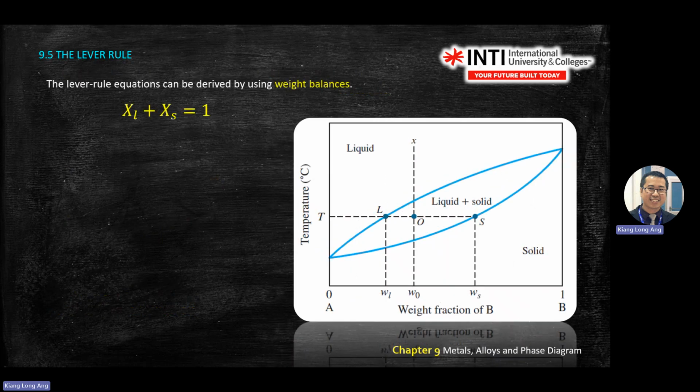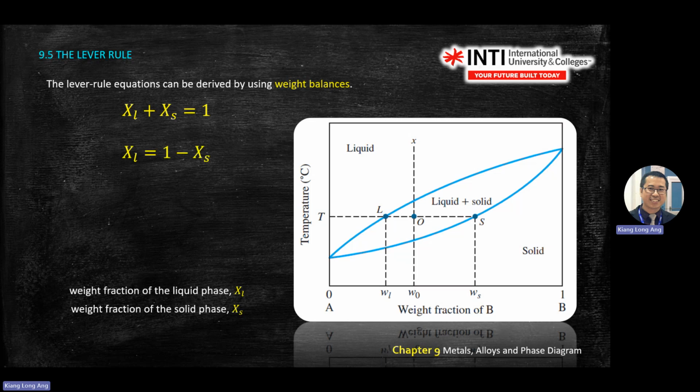You know that in the lever rule, liquid plus solid must be 100%. Okay, liquid percentage plus solid percentage must be 100%. So the full number is 1, the ratio. So how do you find the fraction?